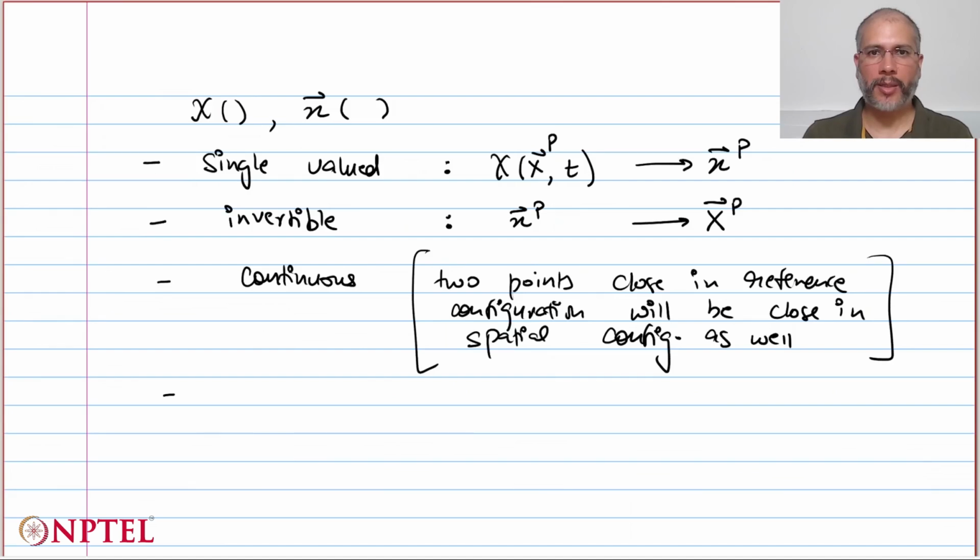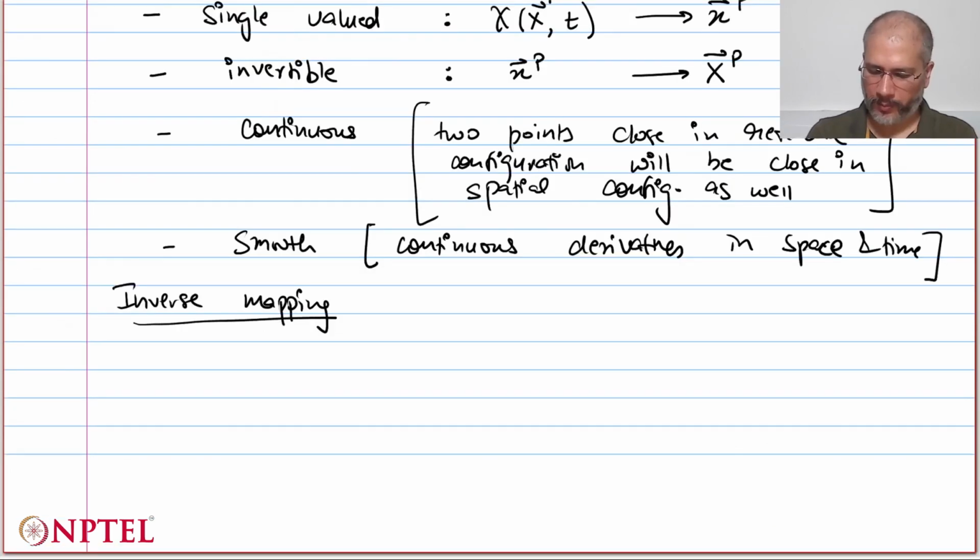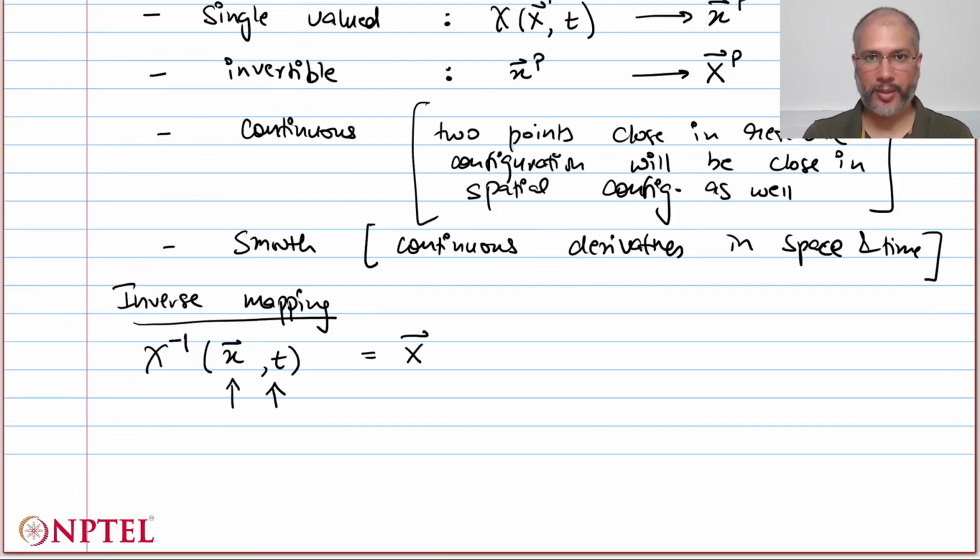And the fourth mathematical idea associated with the function chi is that this function is smooth. This means that the derivatives in space and time are all continuous, and we'll talk about derivatives up to the orders that we are interested in. So there is a chi inverse possible which takes in some spatial coordinates and time, and this tells us the material coordinates of the point which is sitting at these coordinates at this time.